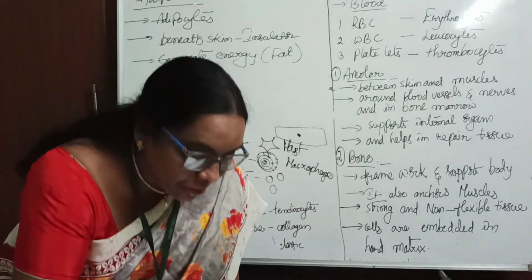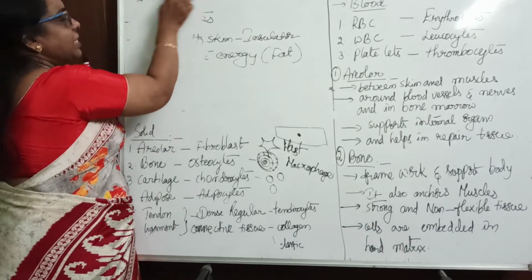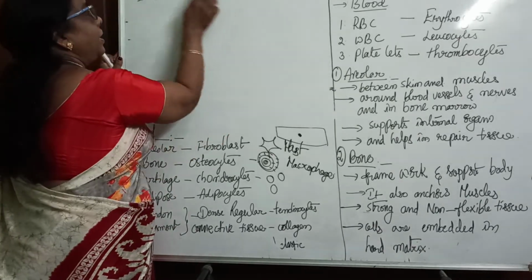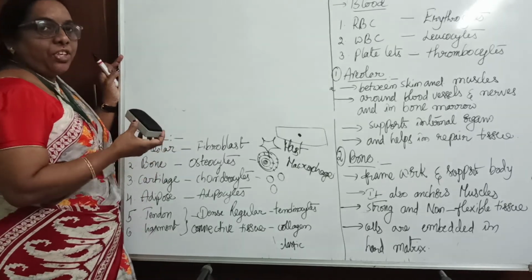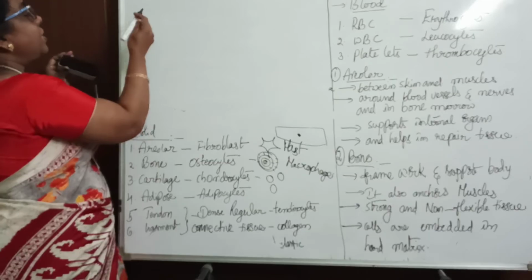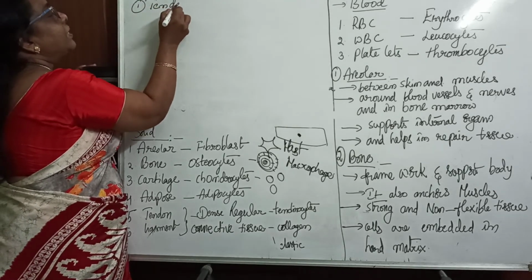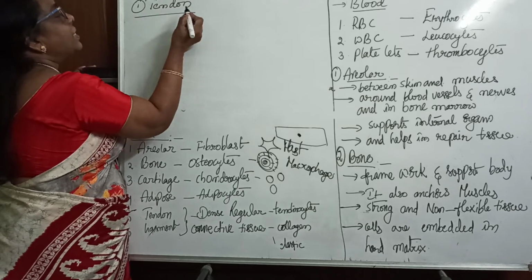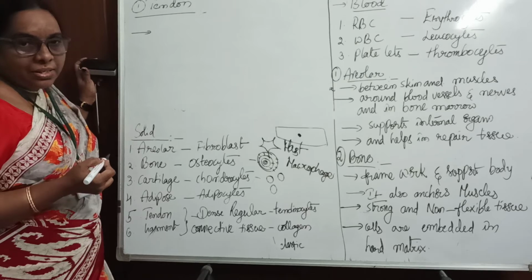Okay, yes. So the next tissues, the fifth and sixth tissues, I said, are dense connective tissues. The dense connective tissue is further classified into two: one is tendons, and the second one is ligaments.